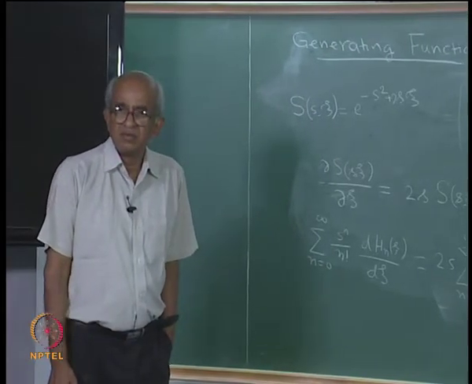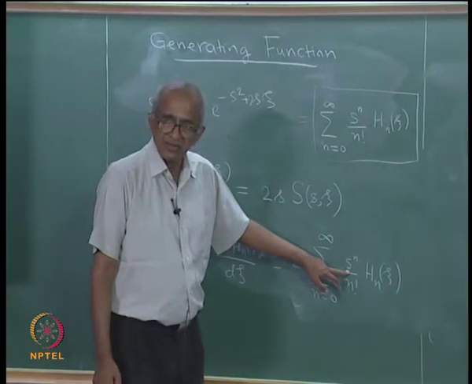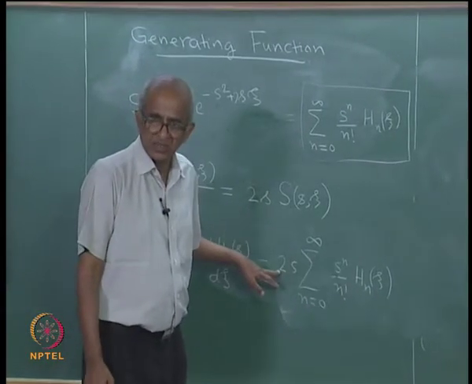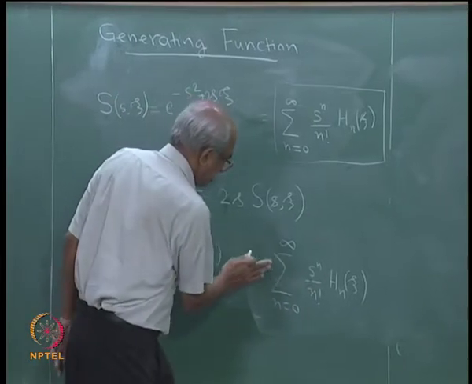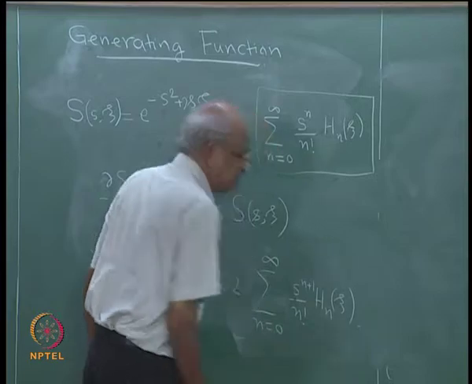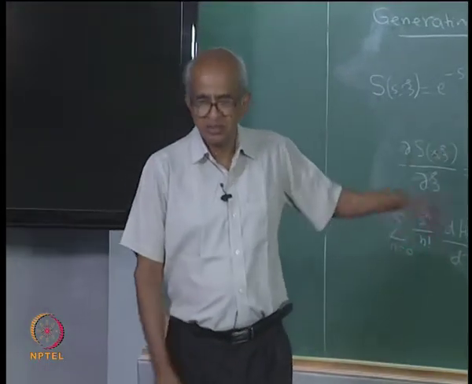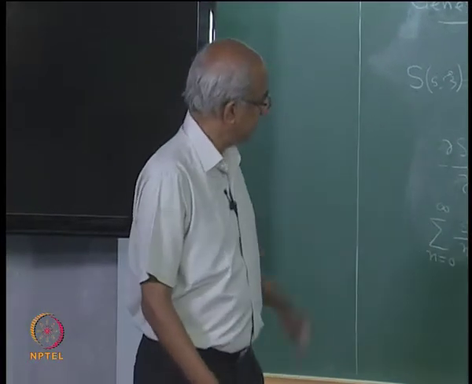And this s, if you like, you can take it inside, because s is there. So why should it be sitting outside? I can put it inside the summation, and say s to the power of n plus 1.